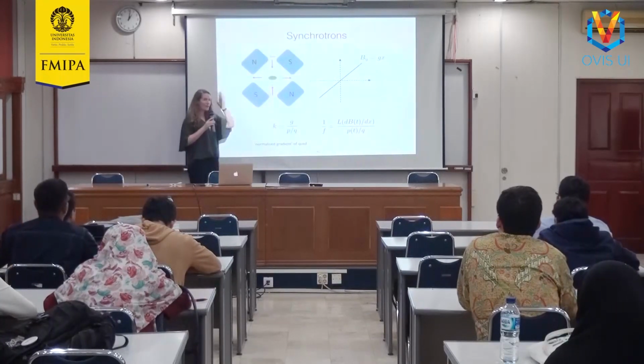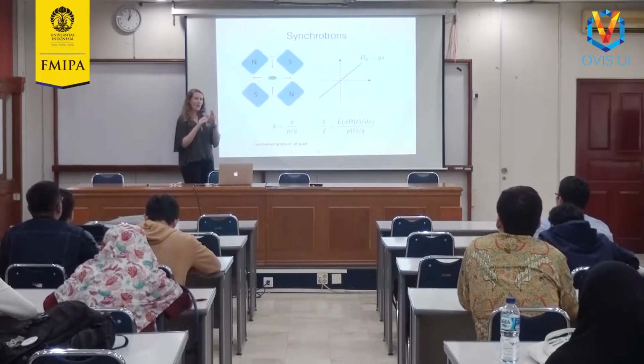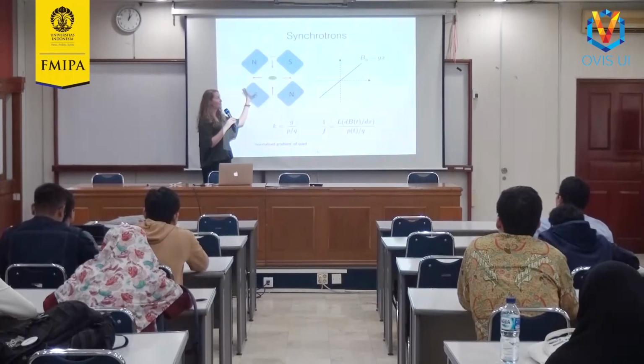And if you think about that for a little while with the Lorentz force, you should be able to convince yourself that if you have a charged particle beam in there, this magnet will focus in one direction, but it will actually defocus in the other direction.